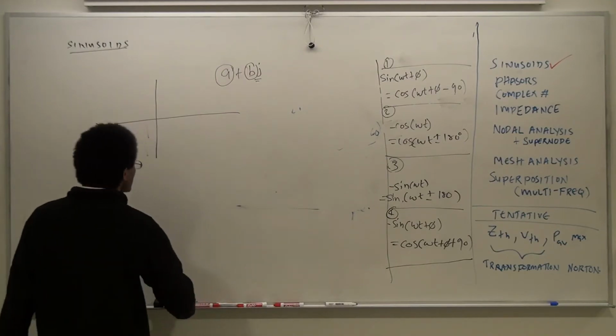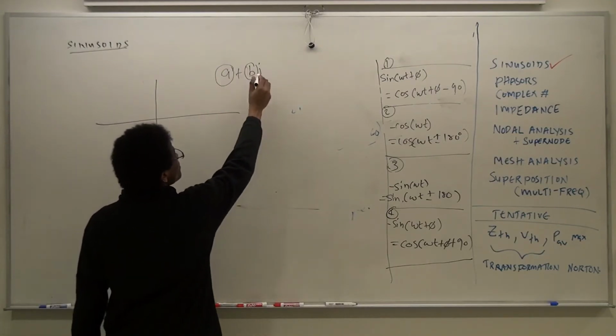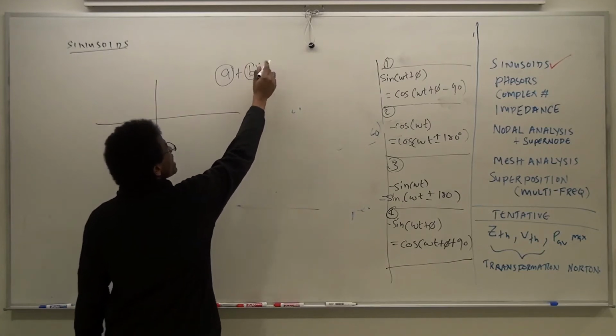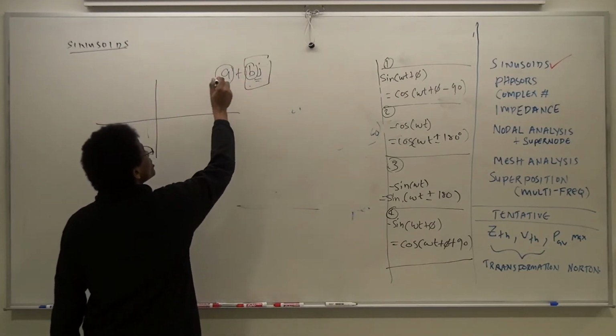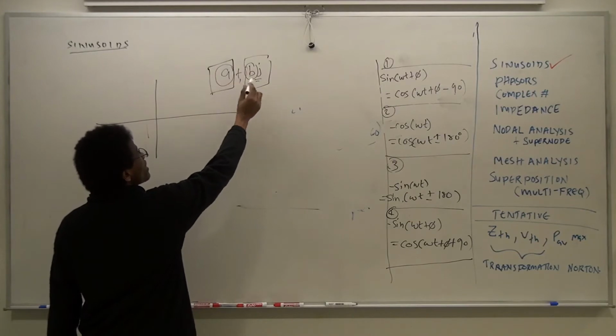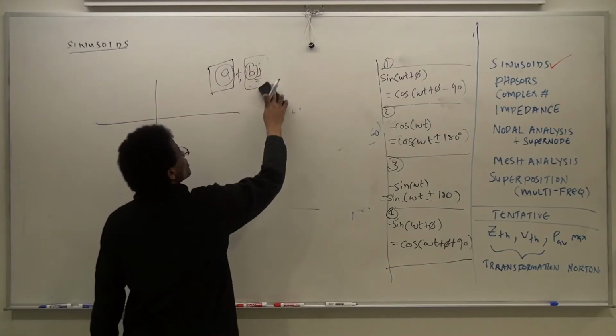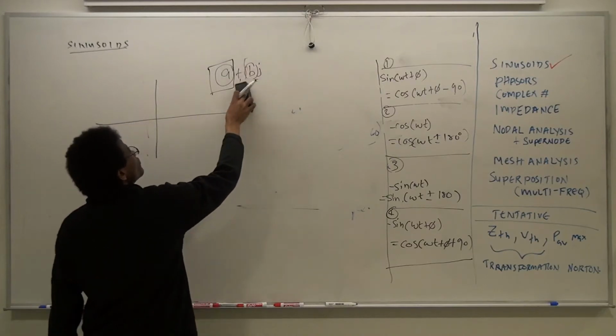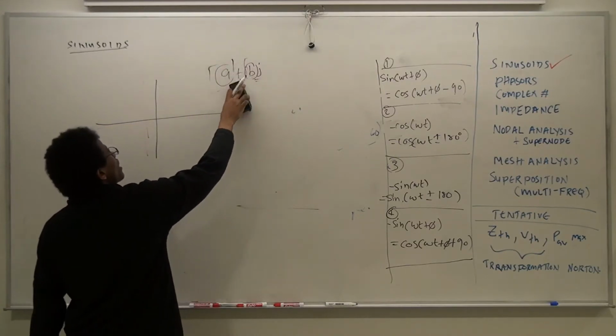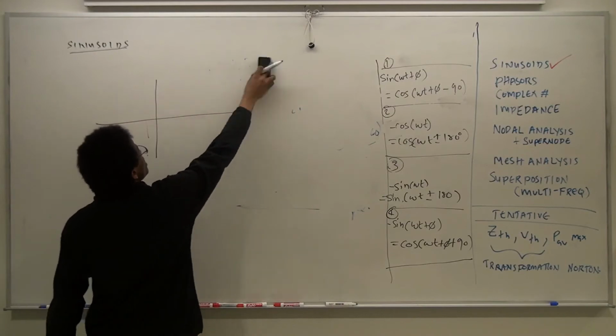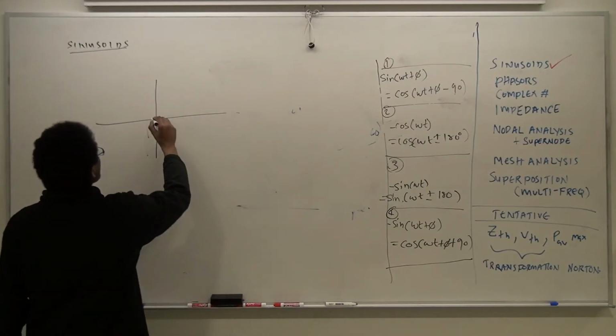So the only thing that actually is separating a and b is j. It's what's making this guy a different creature from this guy. What separates a and the b is j. That's what allows this to be viewed as a two-dimensional entity. Okay, so it's something of the form a plus bj.